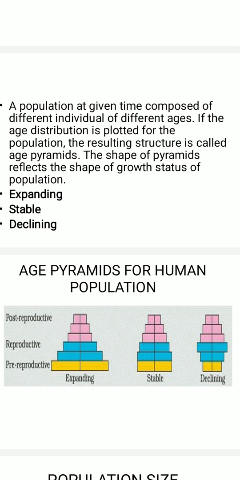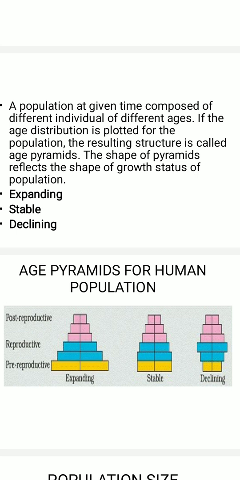Here you can find a diagrammatic representation of age pyramids for human population of different age groups, and three different types we considered here. The yellow color indicates the individuals in the pre-reproductive period. The blue color indicates the individuals in the reproductive period, and the pink color indicates the post-reproductive period.